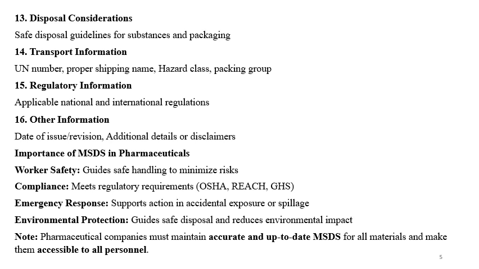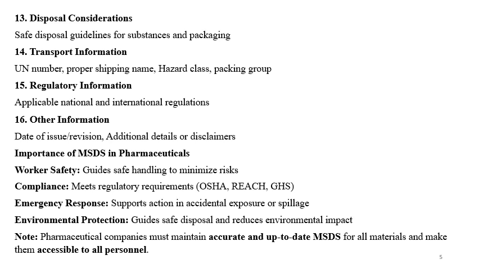Environmental protection, it guides safe disposal and reduces the environmental impact, because every chemical has impact on the personnel working, and it also has hazard, or it is having the impact on environment. So pharmaceutical companies are required to maintain accurate and up-to-date MSDS for all the materials and make them accessible to all personnel.